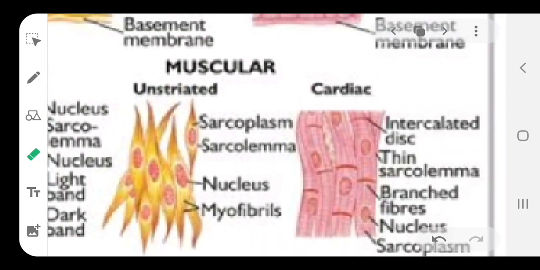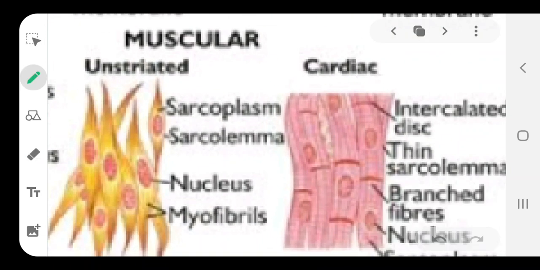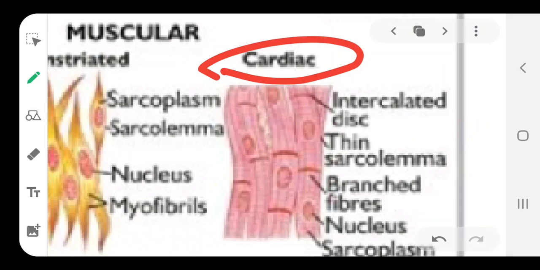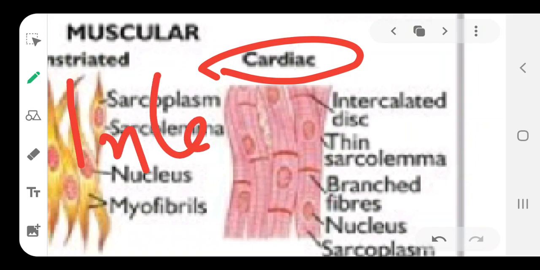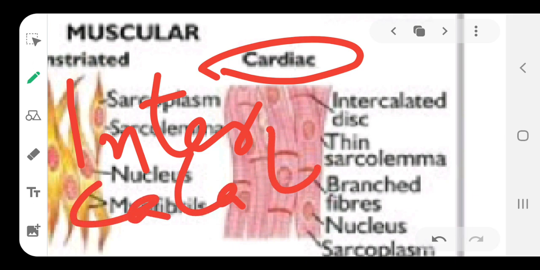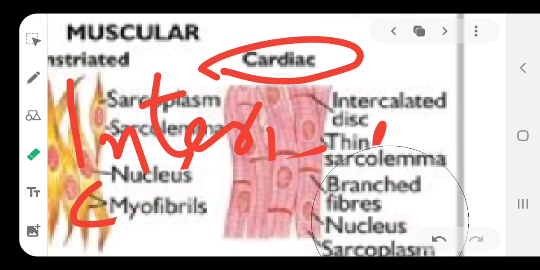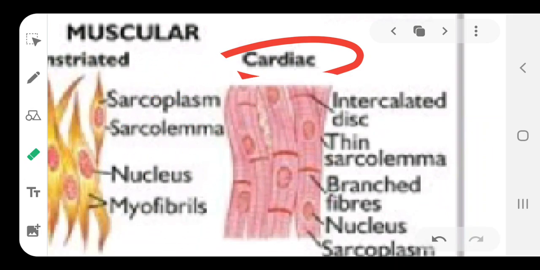And then we have one of the important ones, called the cardiac. This is the main muscle that makes our heart. In the cardiac, you have some differentiation, as you can see the demarcation line between the cells, called the intercalated disc. Write down this name, intercalated disc.